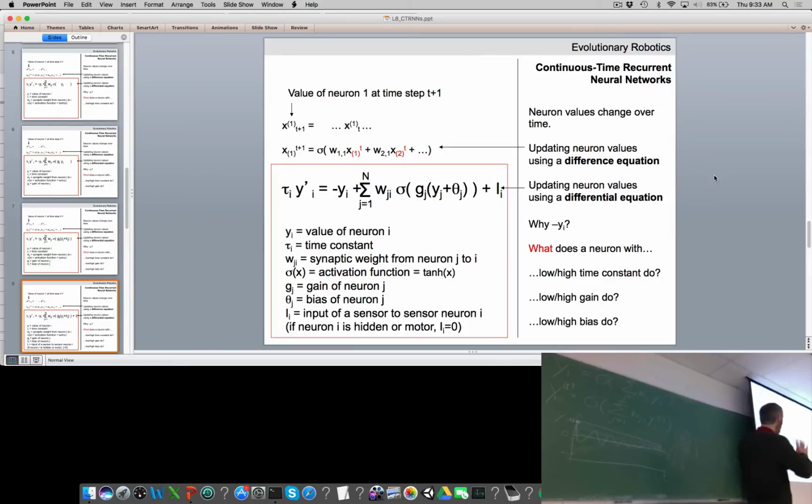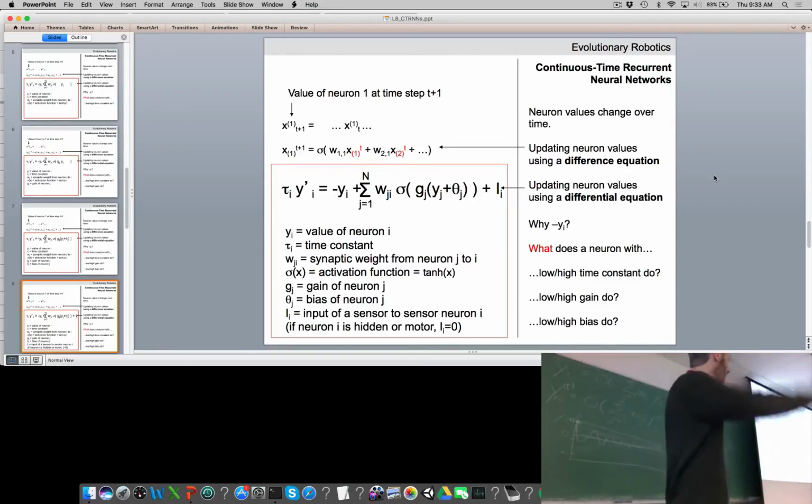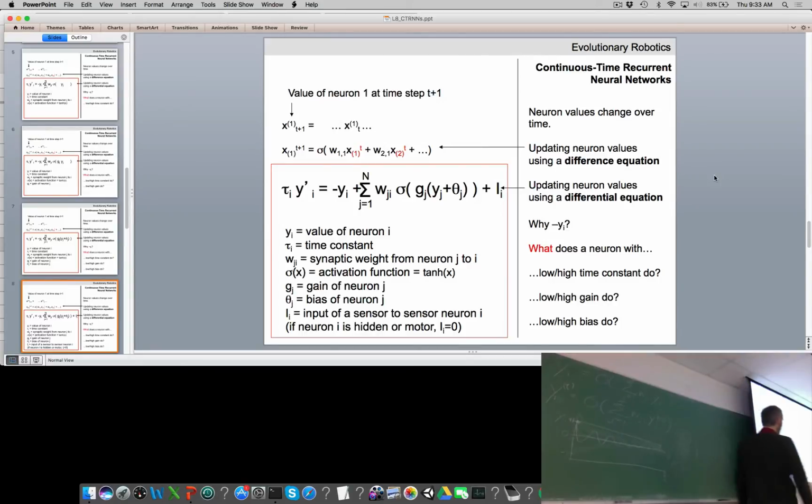Okay, so using this equation, we've captured quite a bit of sophisticated neural dynamics and the connection to the outside world. What about the motor neurons? We know how to write down these equations for our dozen or so input neurons. The hidden neurons have this equal to 0, and the motor neurons also have this equal to 0.